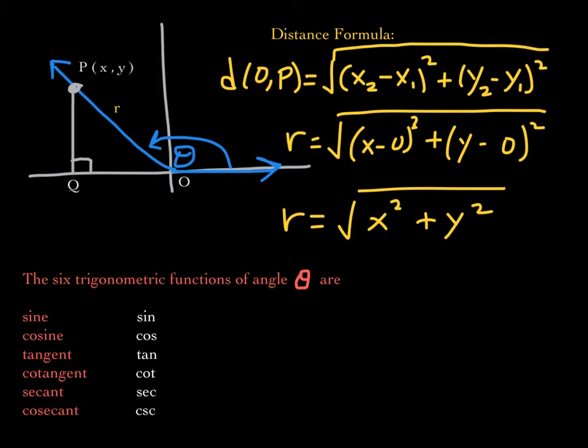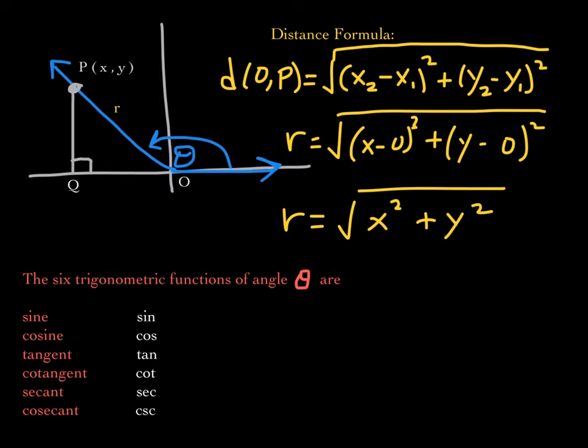Now remember, theta is an angle in standard position, and remember that r represents the distance from the origin to the point on the terminal side, okay? And that distance is equal to the square root of x squared plus y squared.